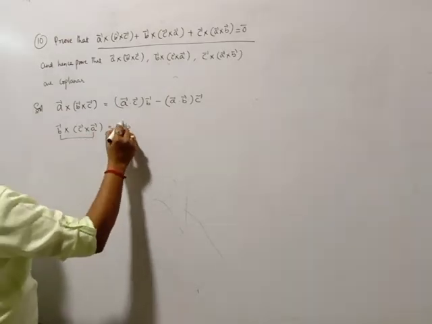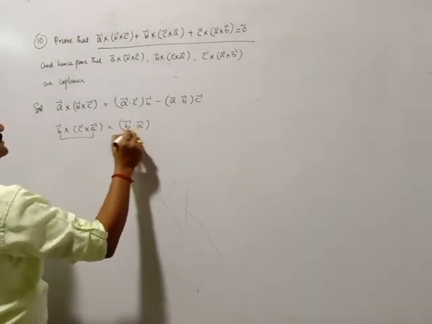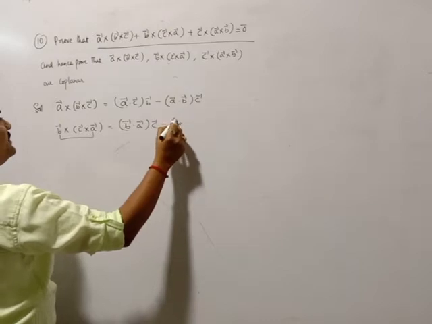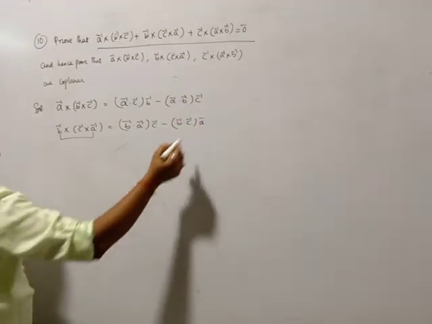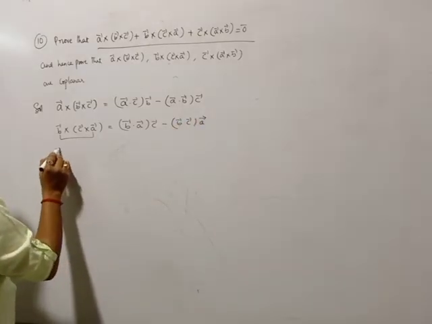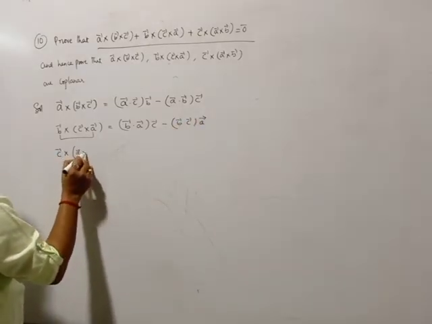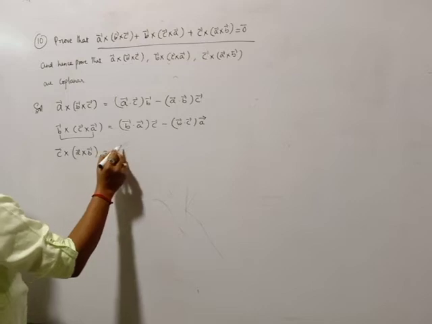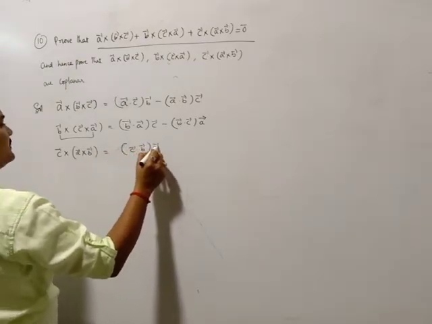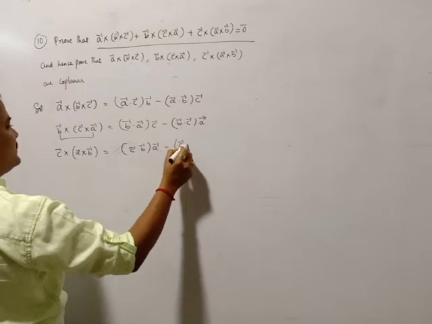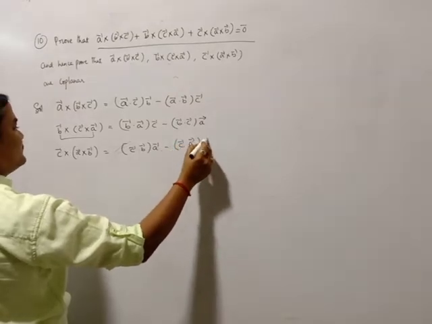These two: B bar dot A bar into C bar minus B bar dot C bar into A bar. Again, the last one is C bar cross of A bar cross B bar, equal to C bar dot B bar into A bar minus C bar dot A bar into B bar.